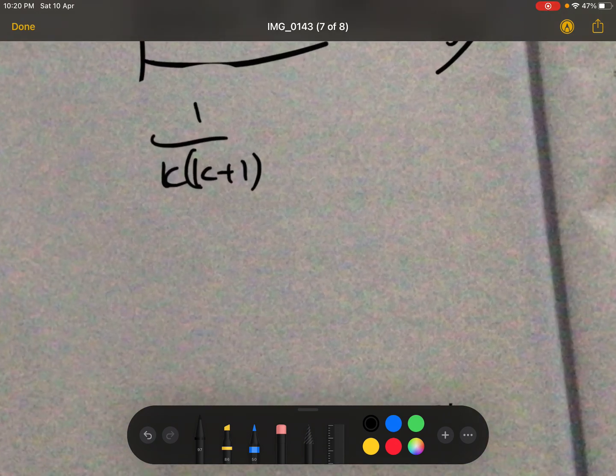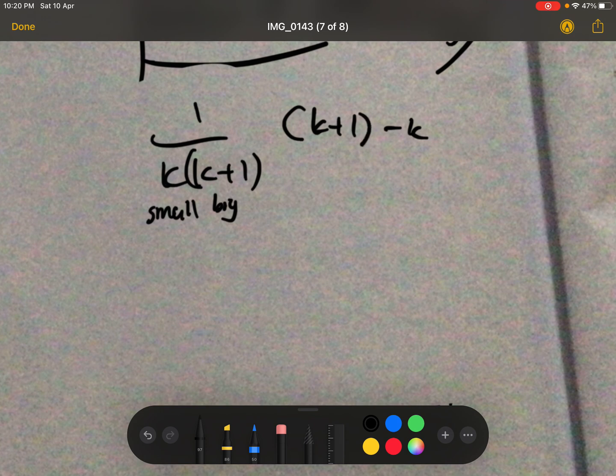And then the tip that the teacher gave me is, you want to try and do bigger factor minus smaller factor. So in this case, the bigger factor is k plus 1, and the smaller factor is k. So method of differences means minus. So you want to try and do k plus 1 minus k over k plus 1.